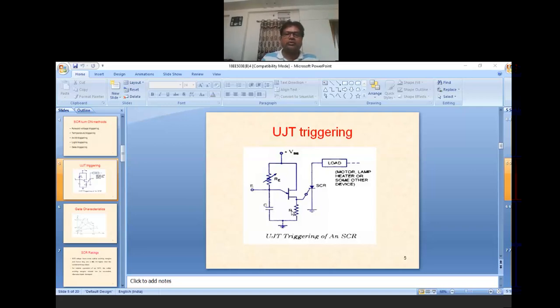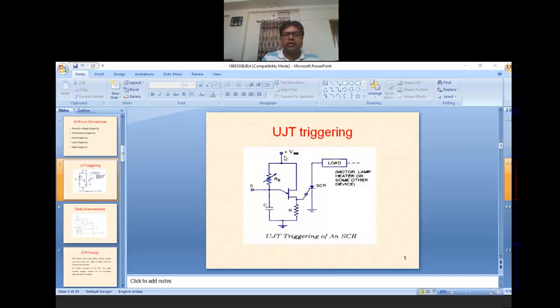That is why UJT is used, which is also an oscillator type of turn on and turn off device. In this figure, it is evident that the voltage applied across the UJT base is the capacitor voltage.